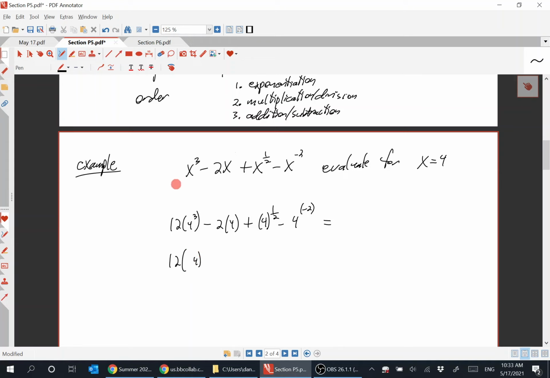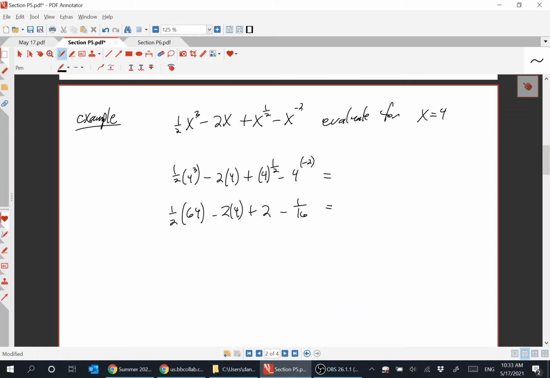12 is nasty. Why don't we put a half here? So it's a half times 64, minus, well, there's no exponent there. 4 to the 1/2, that's the square root of 4, which is 2. 4 to the negative 2, that's 1 over 16. First we did the exponents, then we do multiplication, 32 minus 8 plus 2, and then 1/16, or division, if there's any division.